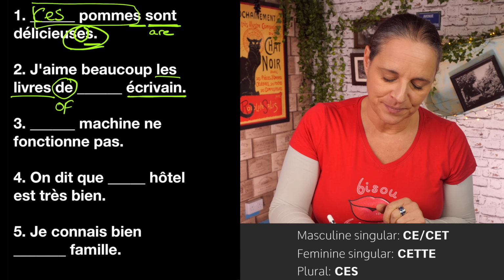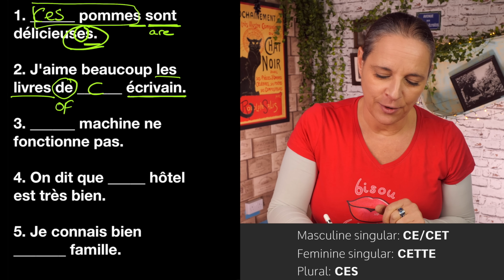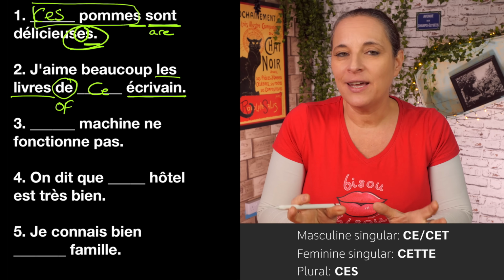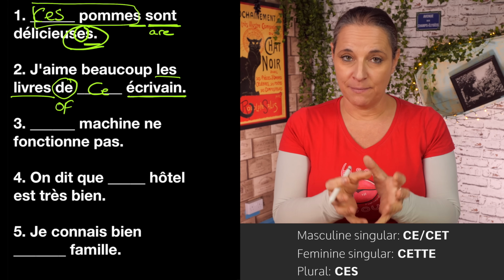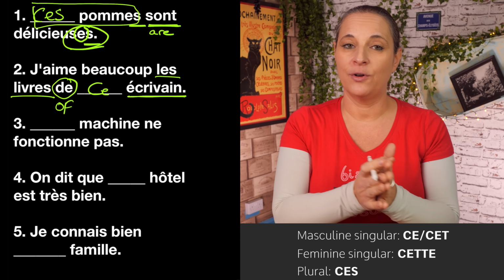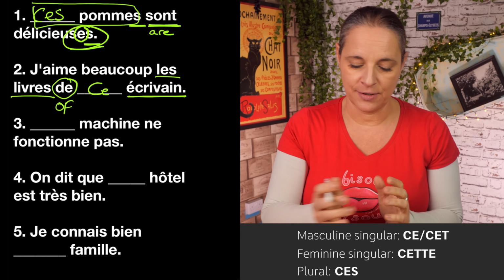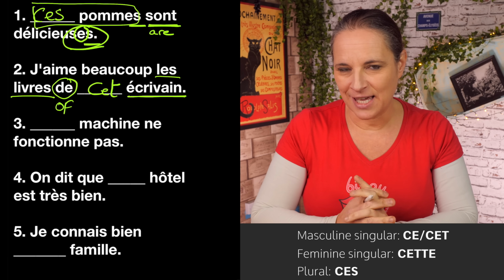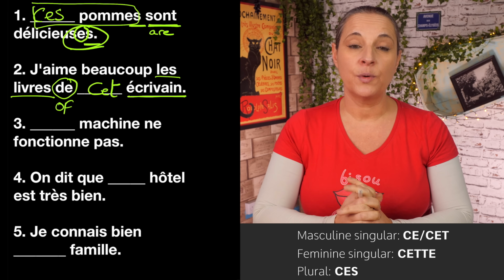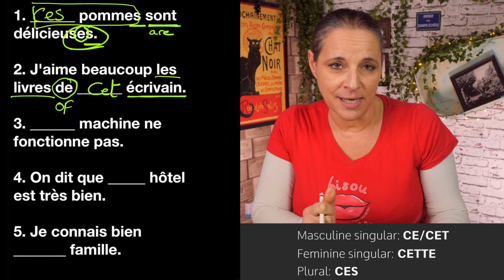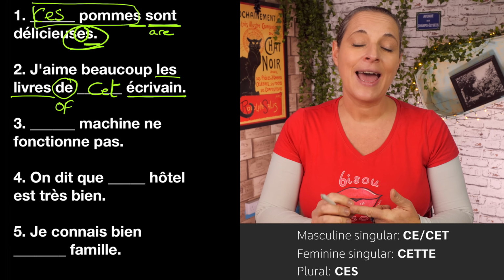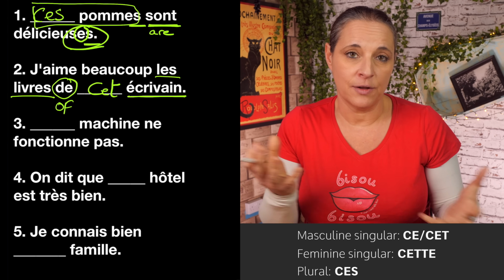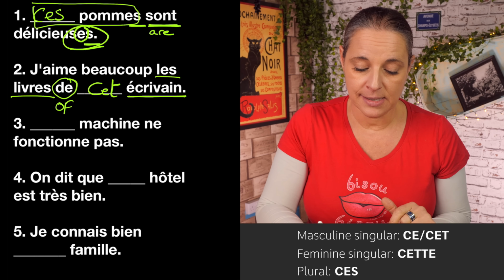Well done. But we know that when the word which is masculine begins with a vowel or an H, we need to add a T to ce. So we are going to write cet. Cet écrivain. So we know two things here: that the word is masculine, and also that the word begins with a vowel, and therefore we use cet.